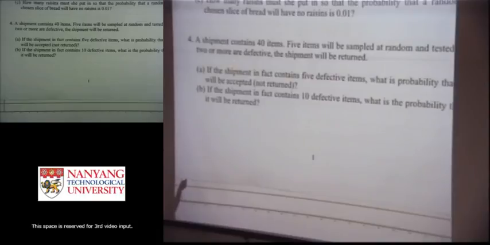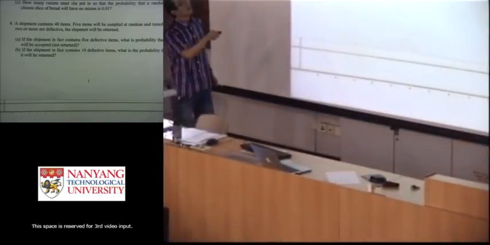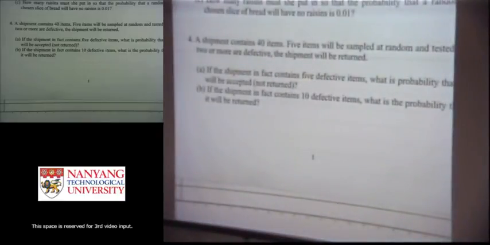But for question 4, the shipment only contains 40 items. When it's 40 items, this is the population size. You need to be alert. In this case, we should use a hypergeometric distribution, not a binomial distribution. Then, basically, you just find out the values.